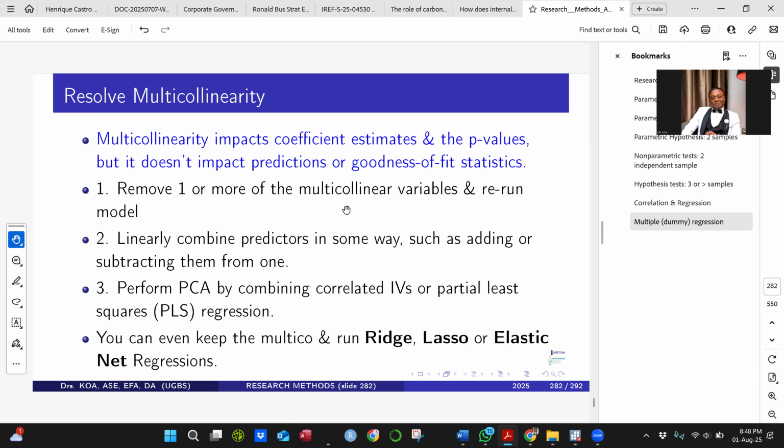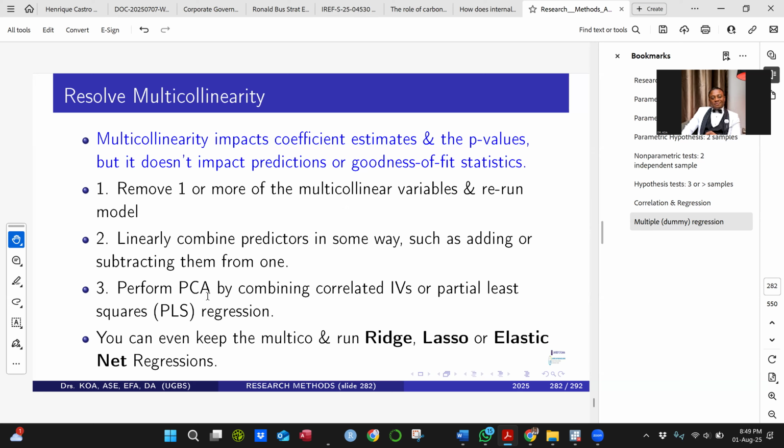Two, you can linearly combine some variables if it is possible. You can subtract some variables from the others, multiply some variables with the others, or add some variables to the others so that we don't have any wahala. Three, you can perform principal component analysis or partial least squares.